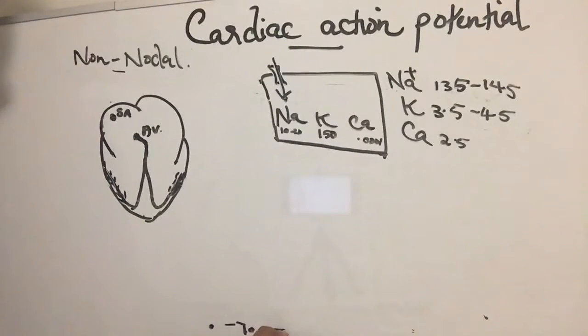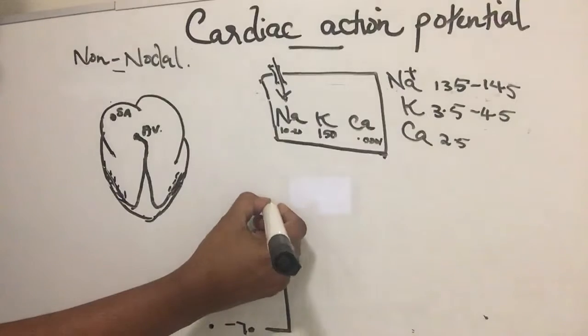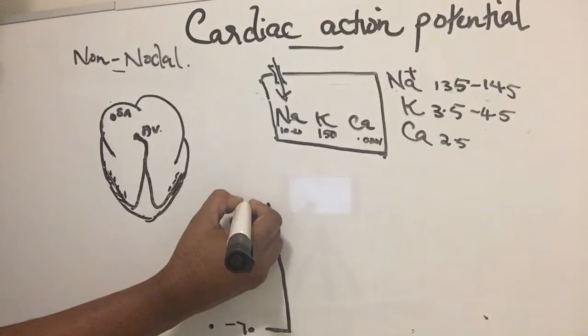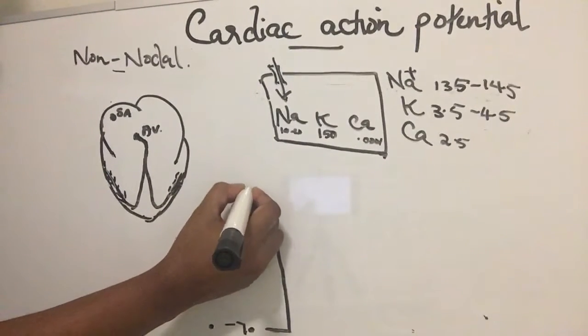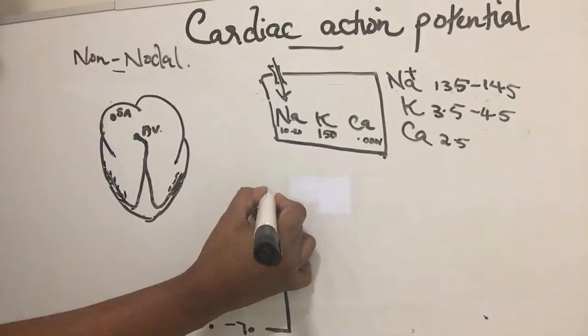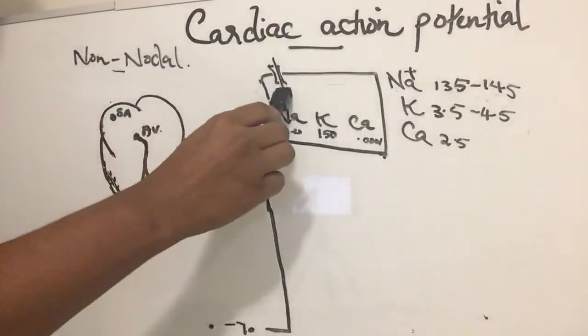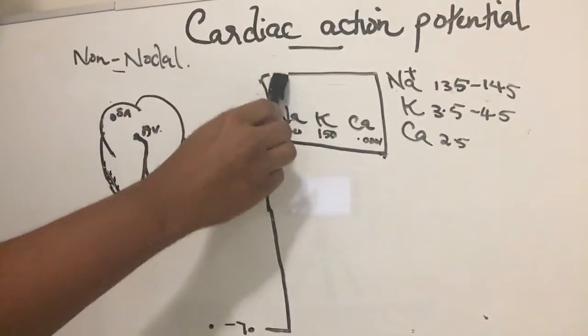So this is the baseline -70, and now positive charge is coming in, making the cell positive. Once it reaches its threshold, the sodium gate closes.